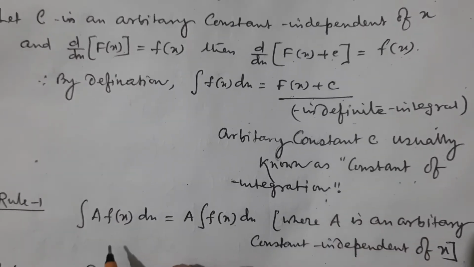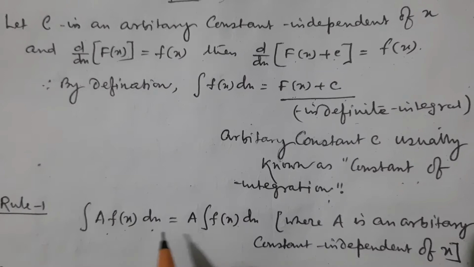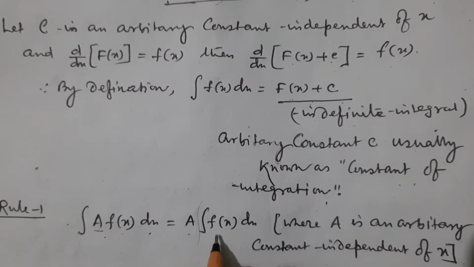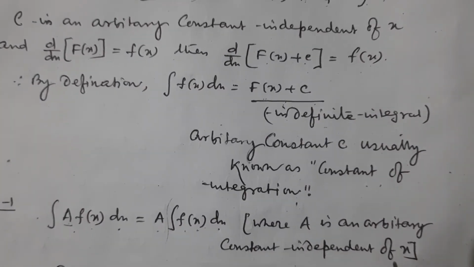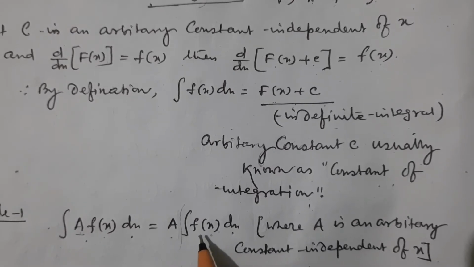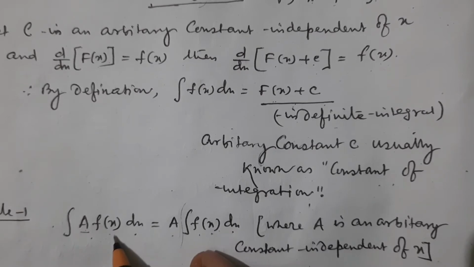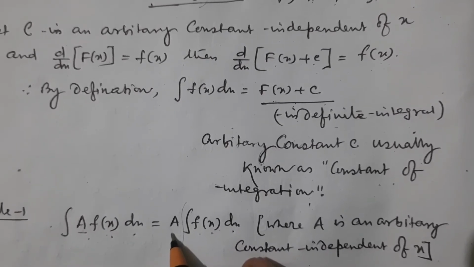Rule 1: the integral of a times f(x) dx equals a times the integral of f(x) dx, where a is an arbitrary constant independent of x. That means if there is any constant within the integration, then that constant must be written outside of the integration when we integrate.